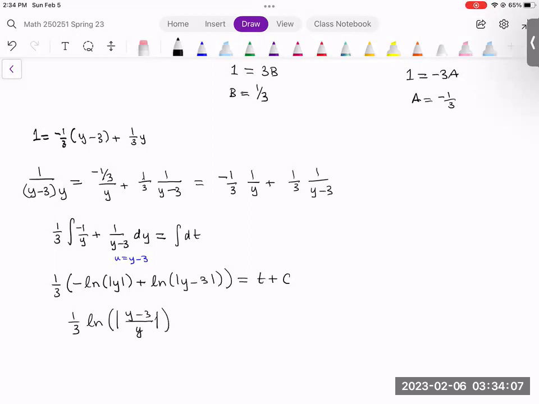And we can combine them into a single absolute value because we're looking at a quotient. You could also do that with a sum. We are going to multiply across by 3. And so this gives us log of absolute value y minus 3 over y equals 3t plus c.